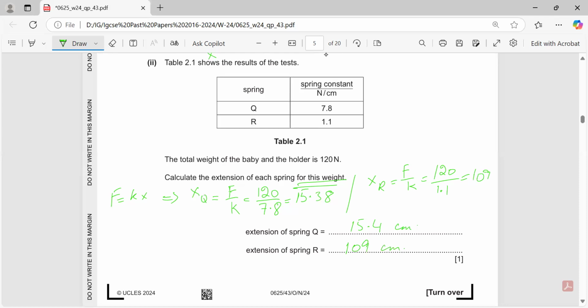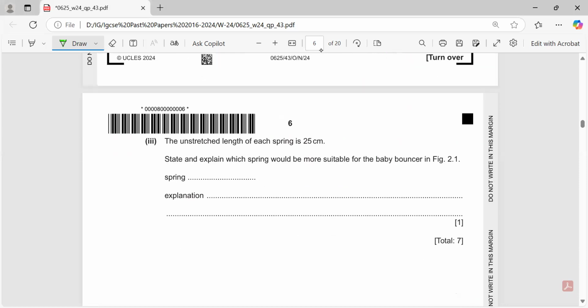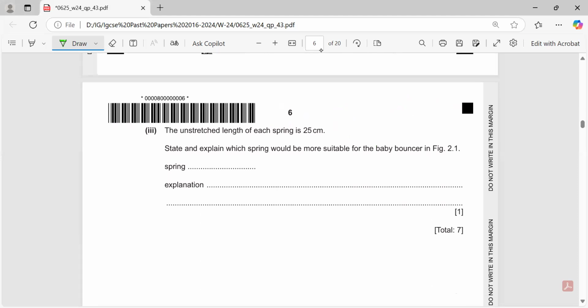So, my dear friends, after this, let's see what is the next question. Next is, the unstretched length of each spring is 25 centimeters.